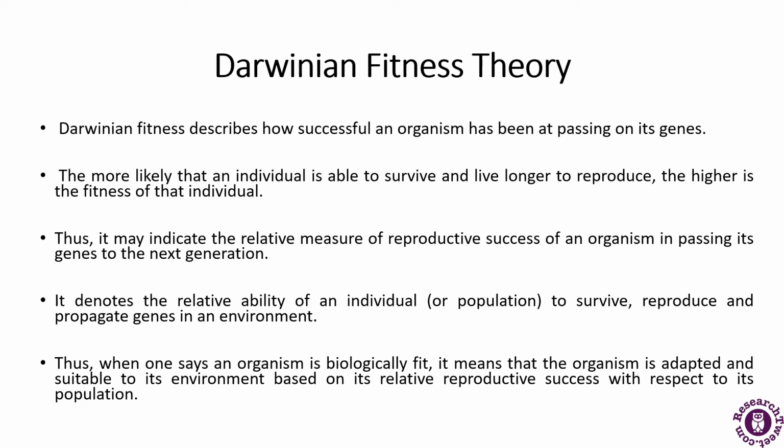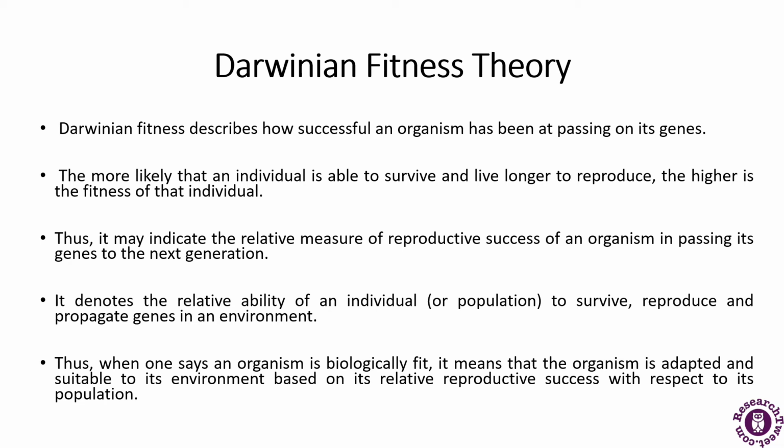If the individual is fit, their chances of survival will be greater, and they can live long and reproduce also. It may indicate the relative measure of the reproductive success of an organism in passing its genes to the next generation. He also said that it denotes the relative ability of an individual or population to survive, reproduce and propagate genes in an environment.